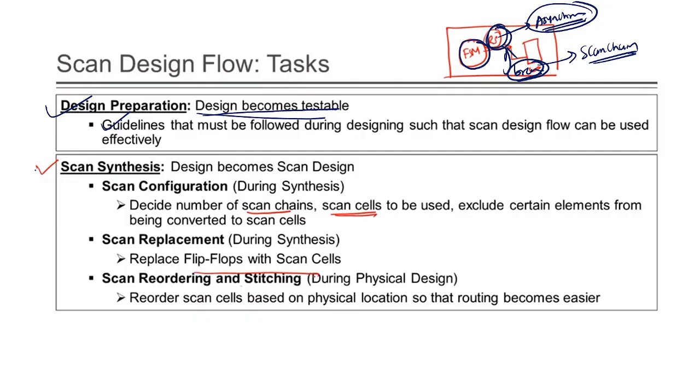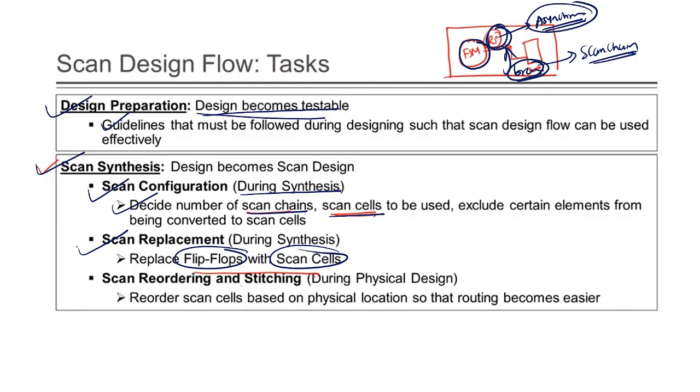And scan synthesis. During synthesis you need to do the scan configuration and decide the number of scan chains and scan cells. And scan replacement also: during synthesis you need to replace the D flip-flops with scan cells.